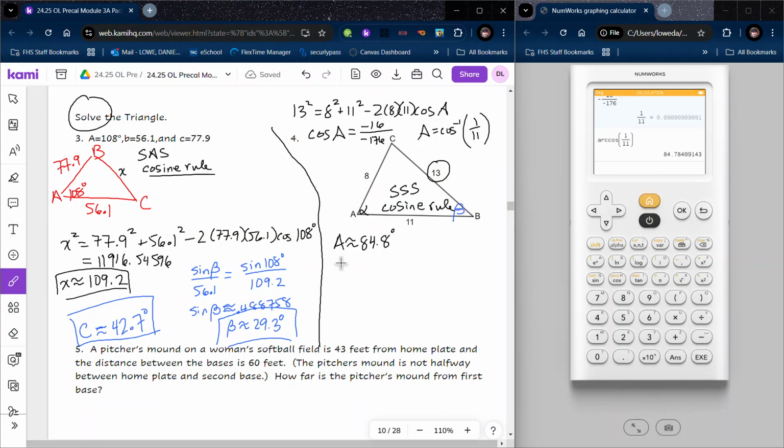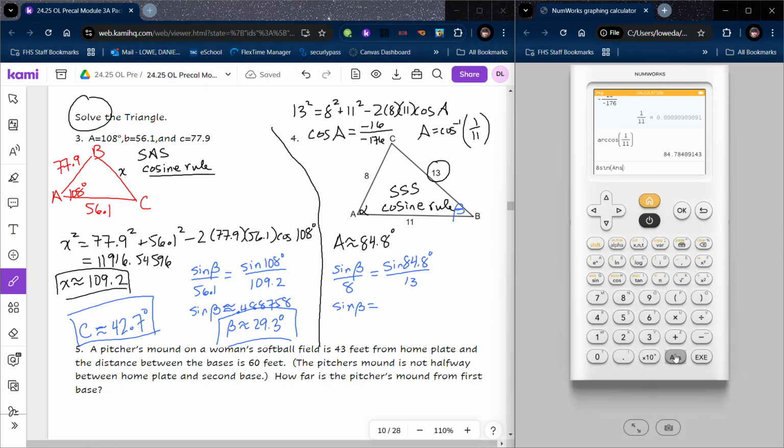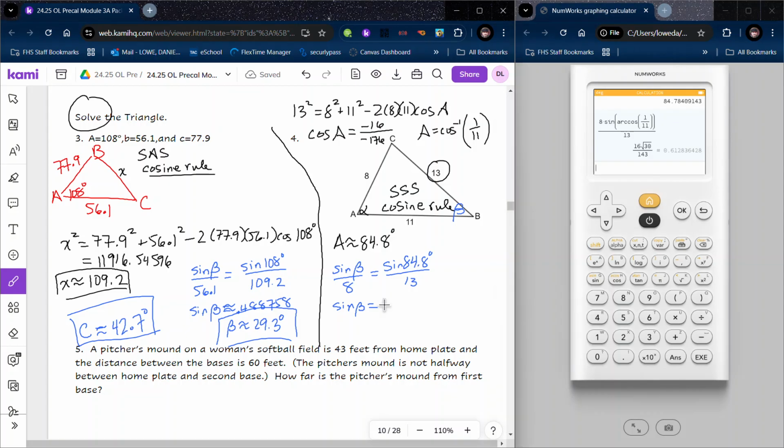So here is beta. So I know that the sine of beta all over 8 is going to be the sine of 84.8 degrees all over 13. That means that the sine of beta is going to be 8 times the sine of my answer, because that's my angle, divided by 13, which is 0.6128 approximately.